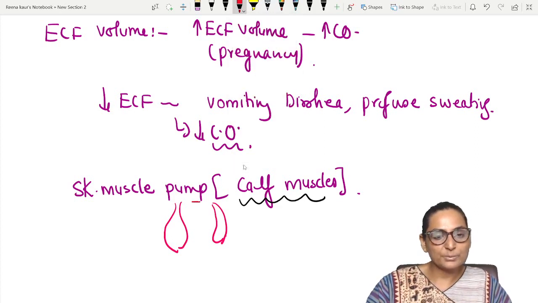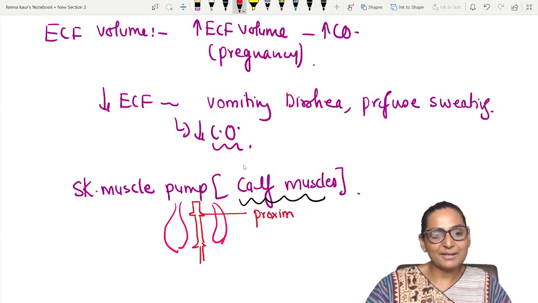There is going to be a proximal valve, and there is going to be another valve, which will be a distal valve.